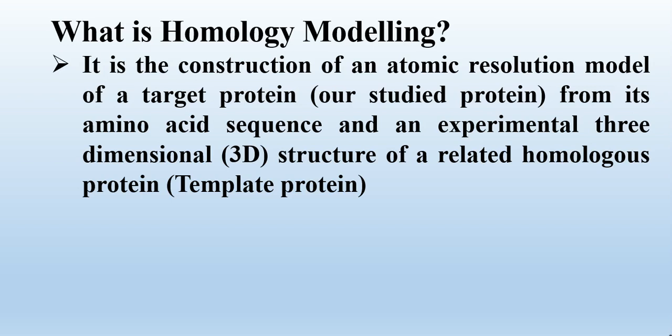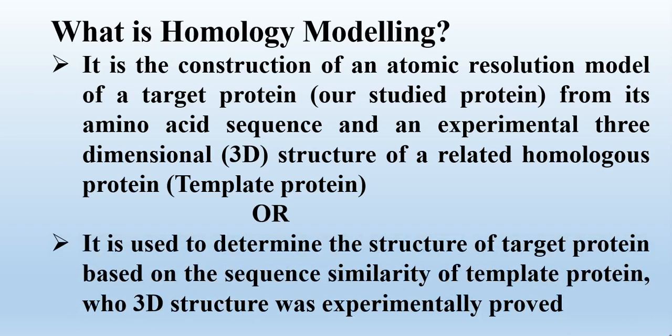It means that we will predict the three-dimensional structure of our protein on the basis of an already experimentally proven structure of a protein. It is used to determine the structure of a target protein based on the sequence similarity of a template protein whose 3D structure was experimentally proven, and its data is available in the Protein Data Bank.